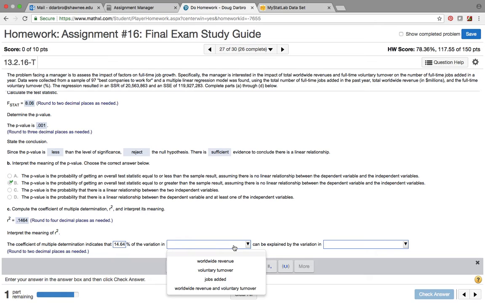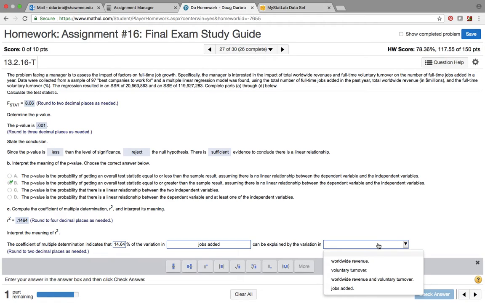Specifically, the manager is interested in the impact of the total worldwide revenues and full-time voluntary turnover on the number of full-time jobs. So jobs added can be explained by this.